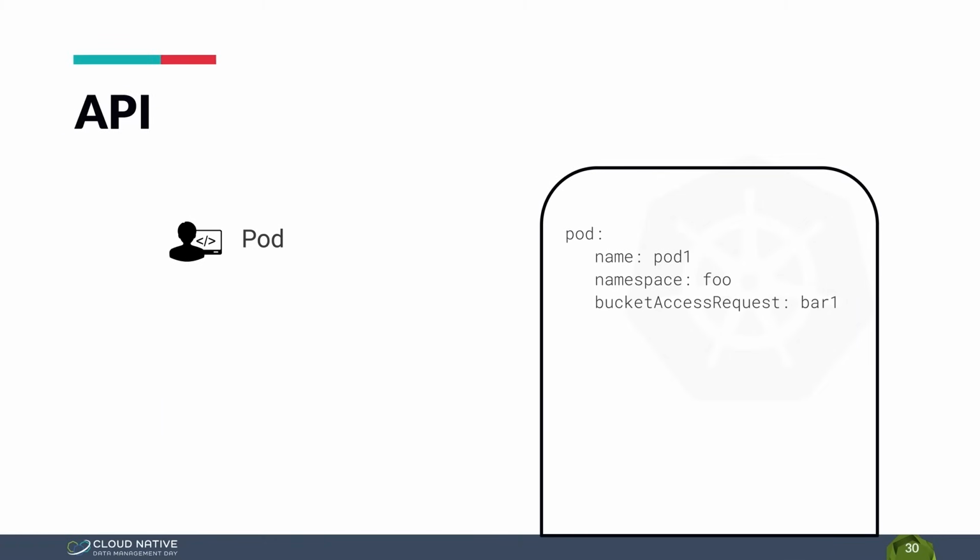Once the bucket has been created successfully and the bucket access has been created successfully, you can now specify this bucket access in your pod, and the pod is wired to accept bucket access requests. It will use the new credentials that were created for that bucket, and it will also bring in information about the bucket, the URL, how to access it, and put it into a particular directory of your choice in the pod.